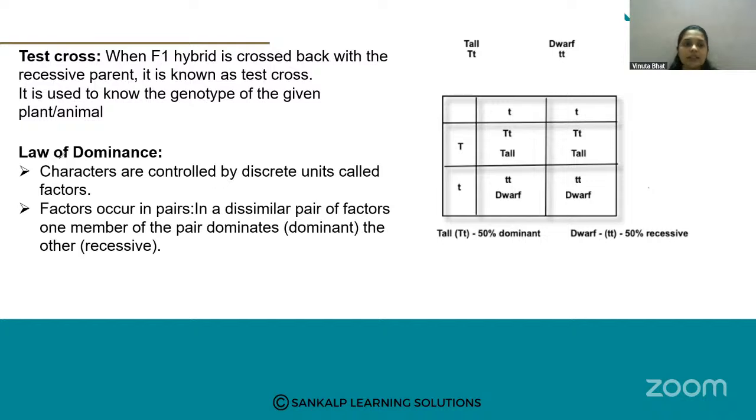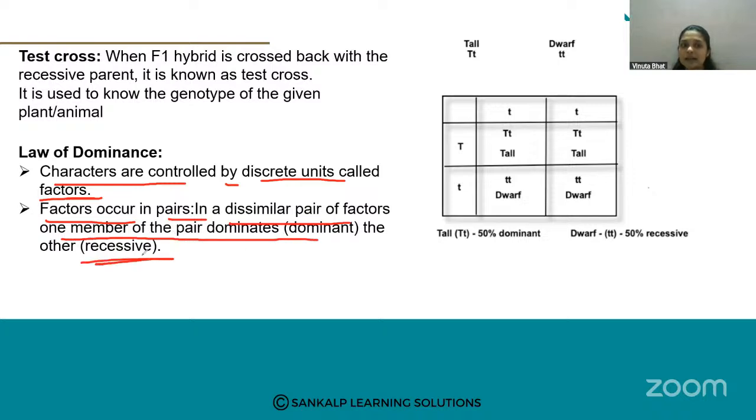So what it states, law of dominance, what it states, okay, law of dominance enannu helutte, characters are controlled by discrete units called factors. So the characters, they are controlled by some units that is called as factors, and factors occur in pairs. In a dissimilar pair of factors, one member of the pair dominates the other.